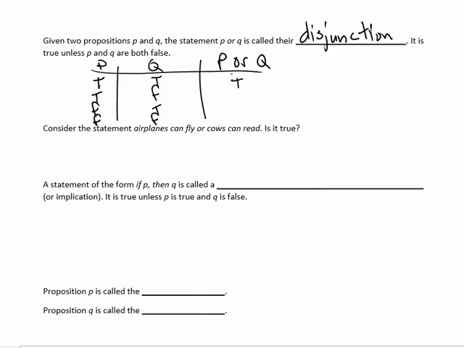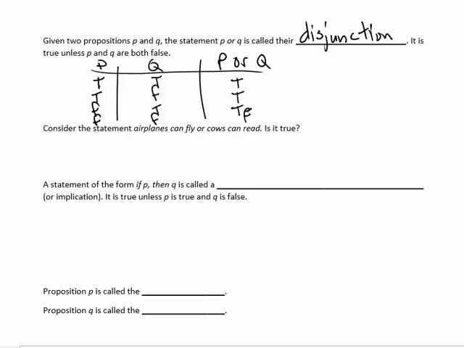If P is true and Q is false, P itself being true makes P or Q true. If P is false and Q is true, then the Q statement makes it true. And the only time P or Q itself would be false is if they're both false.